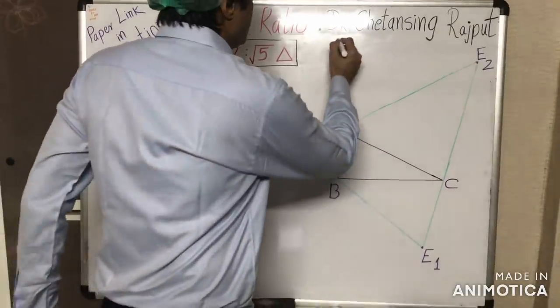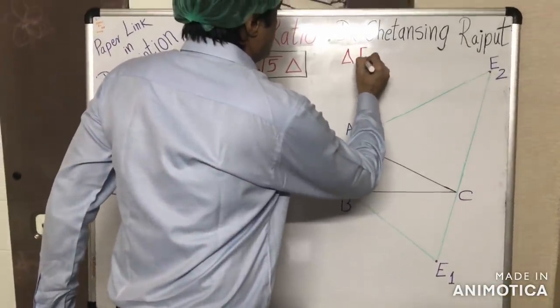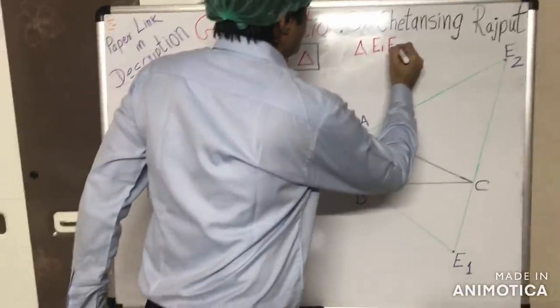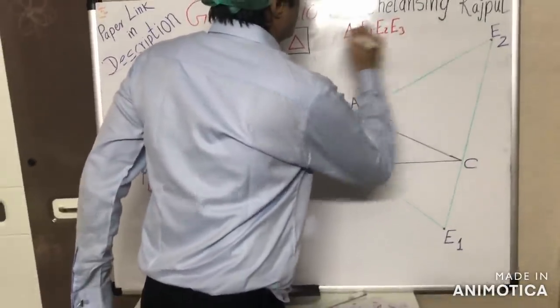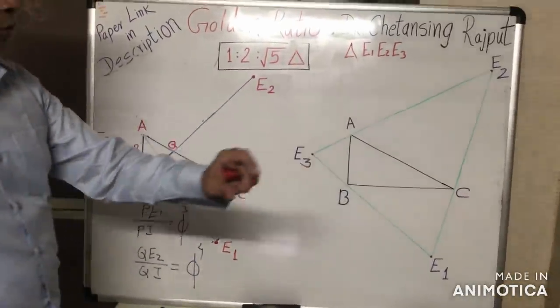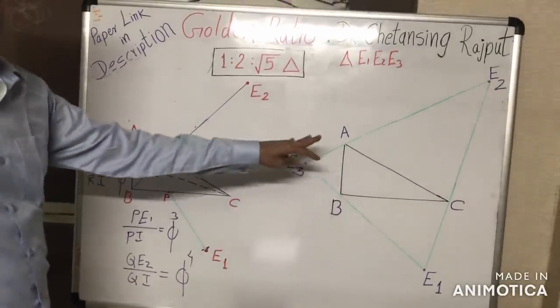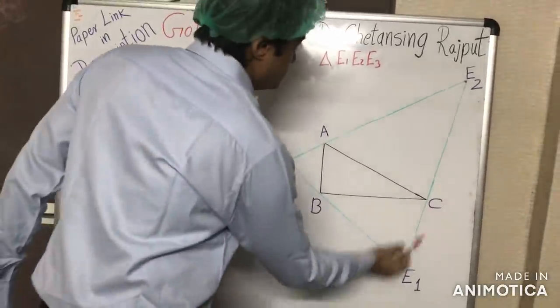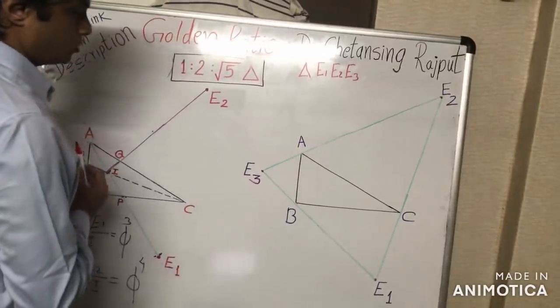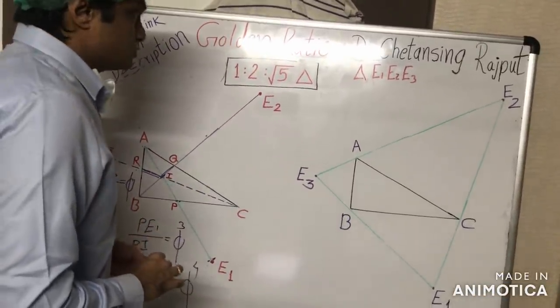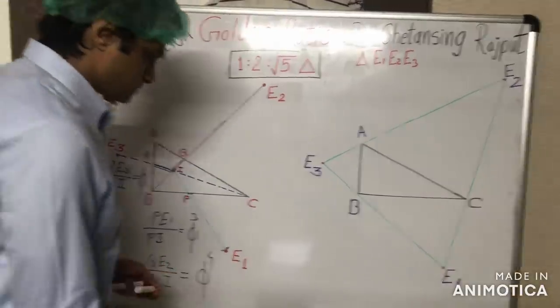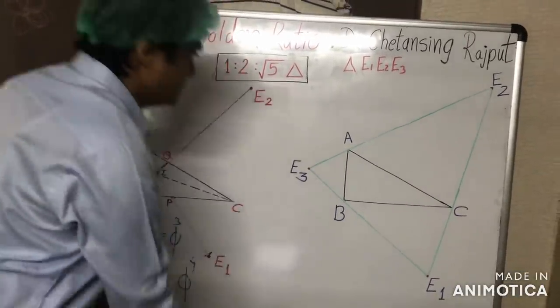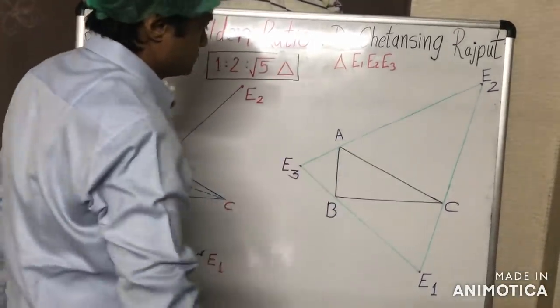The triangle E1, E2 and E3. Let us see the beautiful golden geometry of this triangle. The triangle formed by 3 X centers. Okay, let us see the side lengths of this triangle first. Let us see the side lengths.